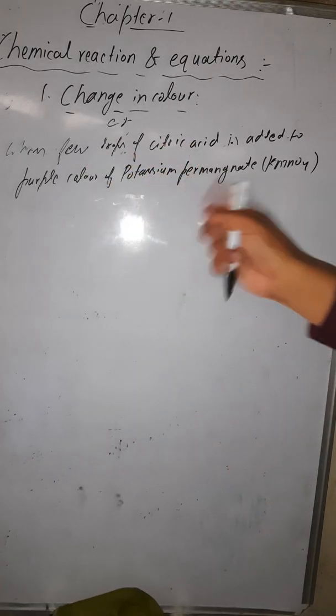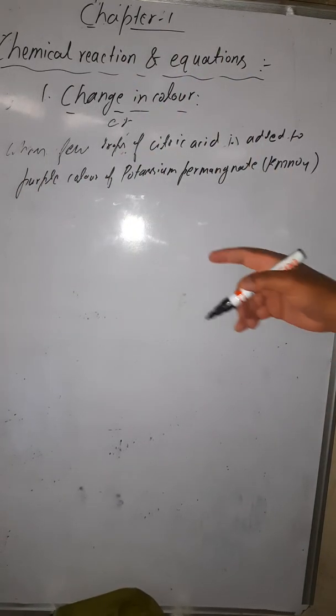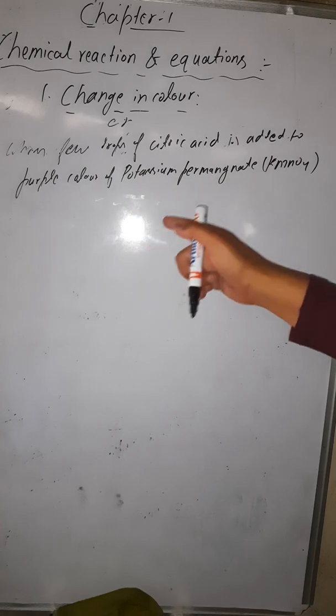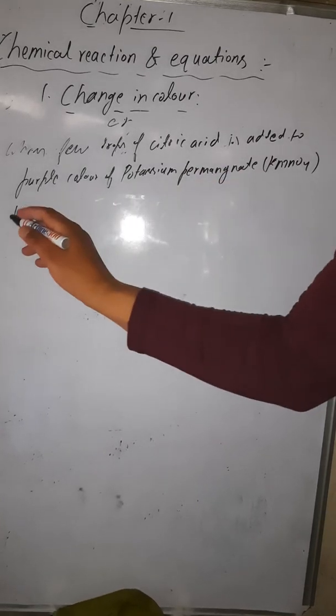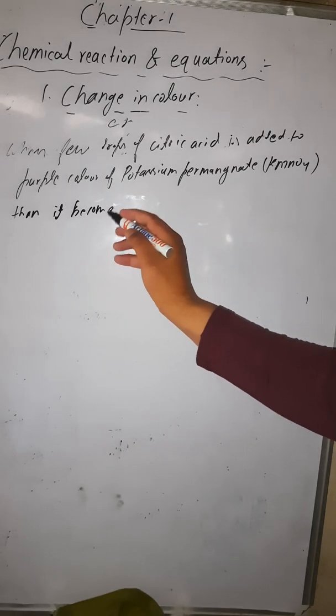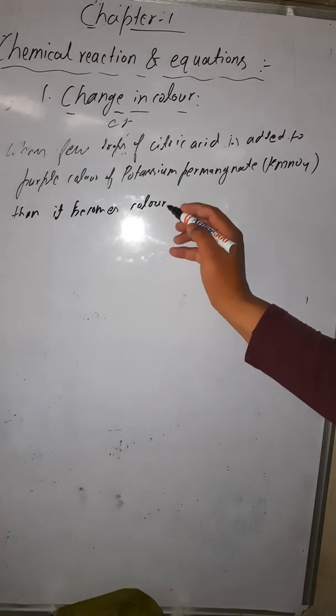So when a few drops of citric acid are added to potassium permanganate which is purple colored, what is going to take place here? Its purple color is going to be what? Colorless now. It is going to be colorless. So when a few drops of citric acid are added to the purple color of potassium permanganate, then it becomes colorless.